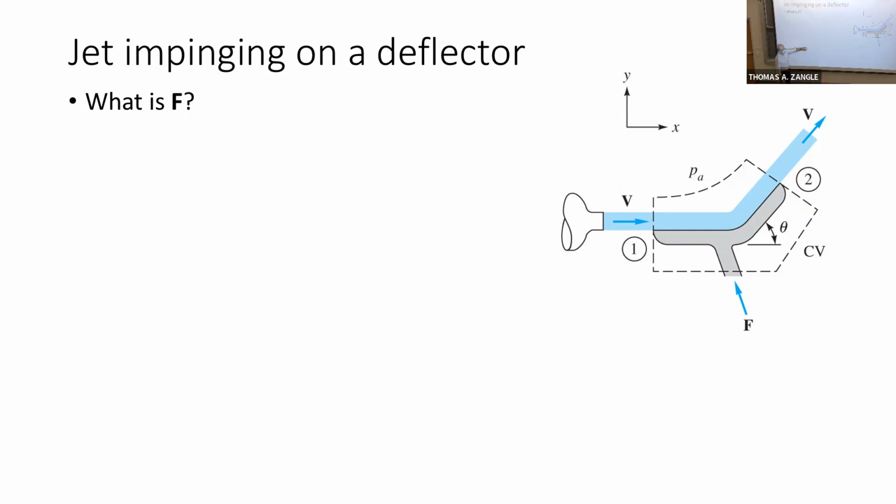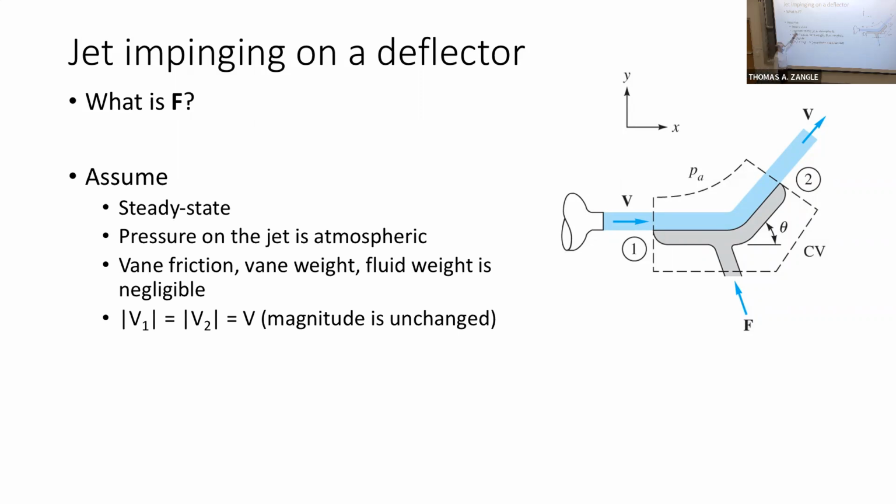Now, to get started, we're going to make a few assumptions here. We're going to assume it's steady state, so this deflector is stationary. It's just sitting there somewhere. It's not moving, and there's no acceleration. So the rate of change of all our variables with respect to time is going to be 0. We're going to assume that the pressure everywhere is atmospheric pressure.